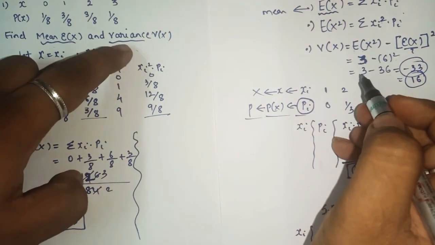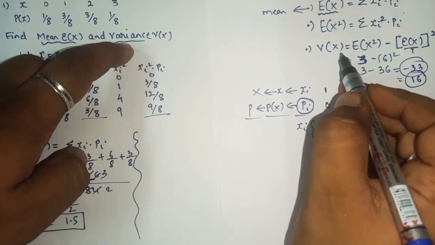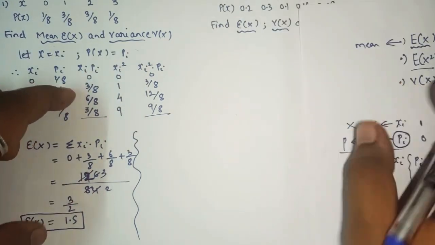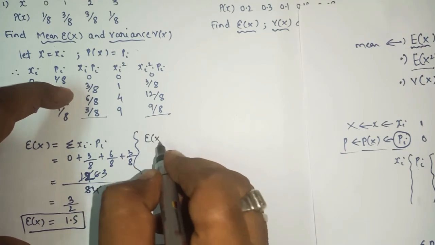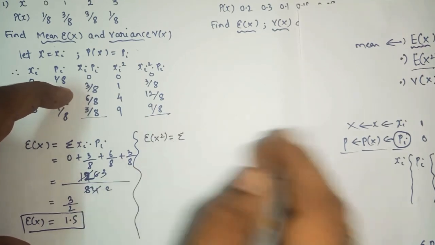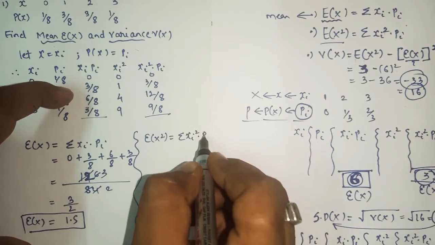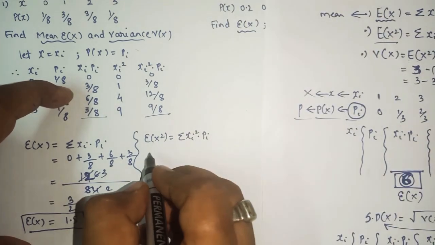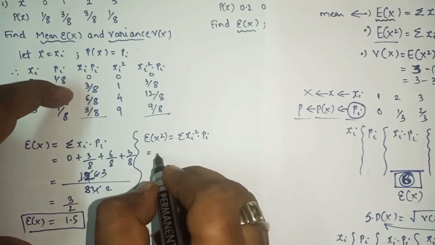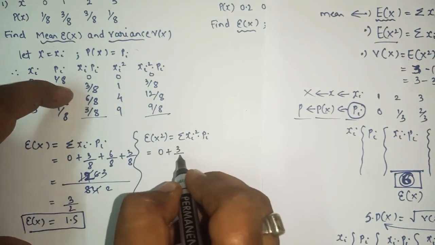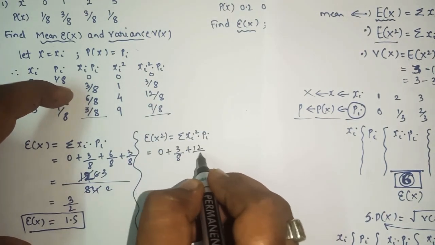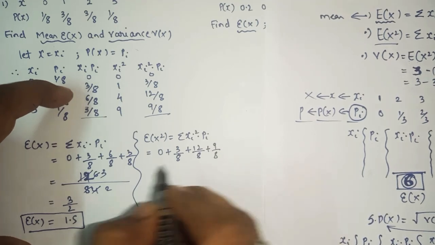Now we have to find the variance. Before finding the variance, you have to find E of x square. So we'll see what E of x square is. That is the total of xi square into pi, yes or no. So simply you will add these four numbers, 0 plus 3 upon 8 plus 12 by 8 plus 9 by 8.